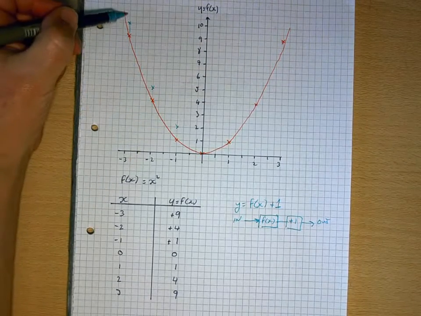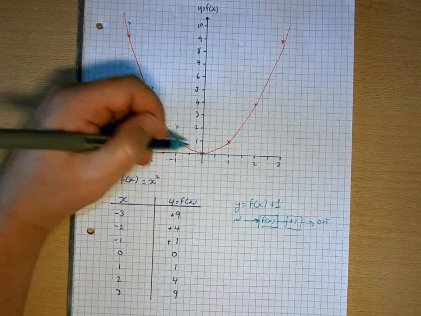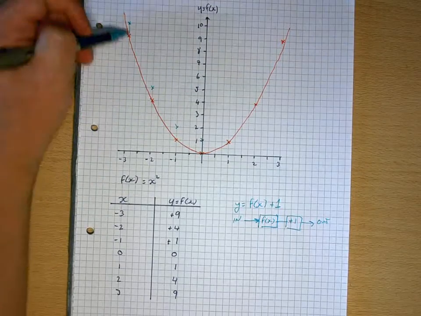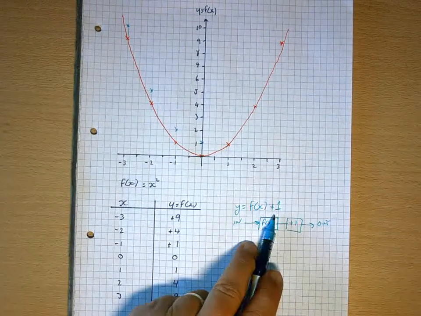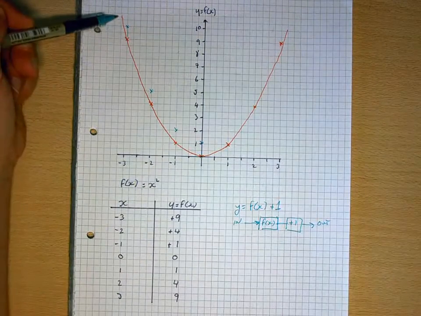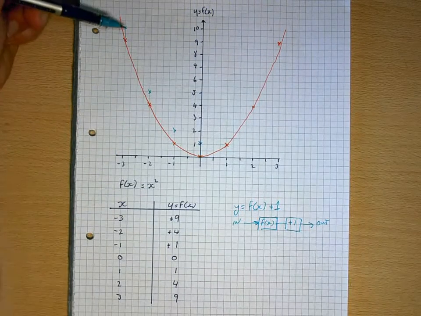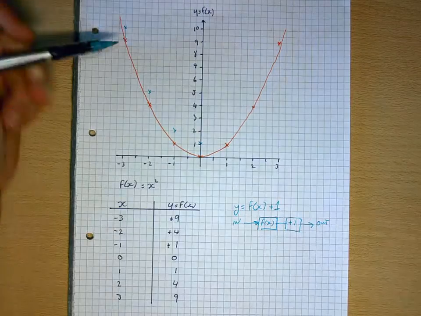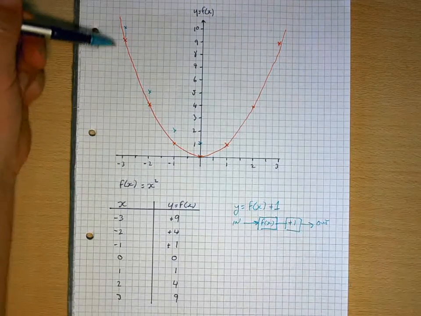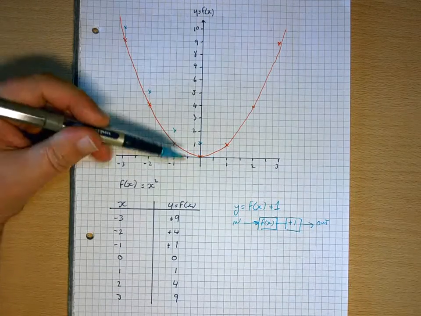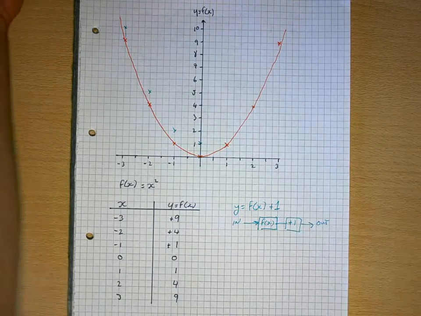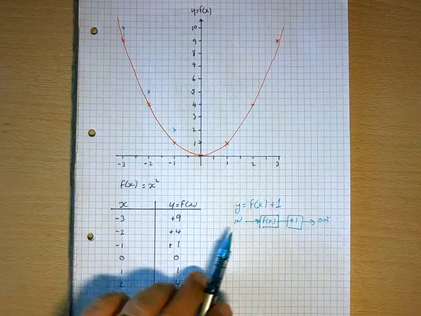+1 would become +2. Can you see that all that's happening, 0 would become 1, is that that transformation takes your original function and moves it up your graph. Or if that was -1, it will come down your graph 1. If it was +10, it will go up 10.